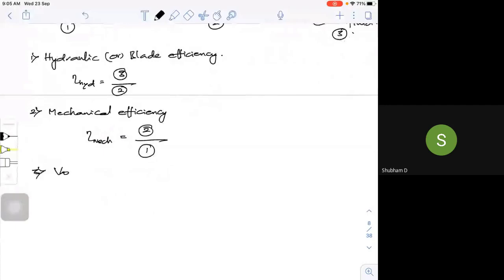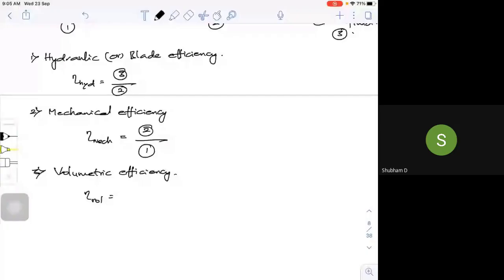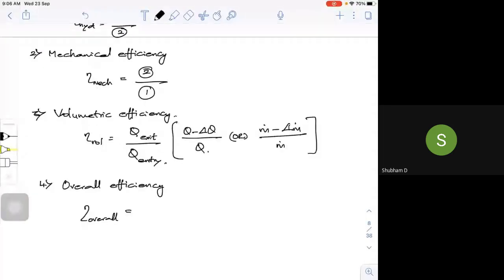The volumetric efficiency is very similar to this. It is the volume of water available at the exit to the volume of the fluid that is entering at the entry. Same thing, your mechanical efficiency and your volumetric efficiency.